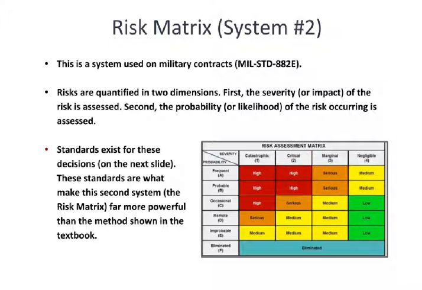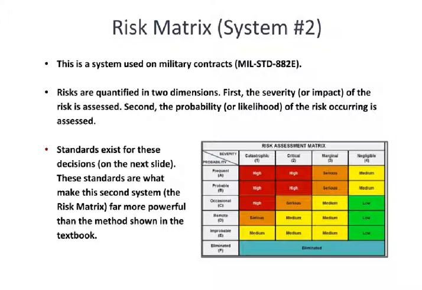However, if you have a very catastrophic event, but it is very improbable that it's going to happen, well, that's medium risk. Yes, it's still medium, it's not low, because the damage could be catastrophic.